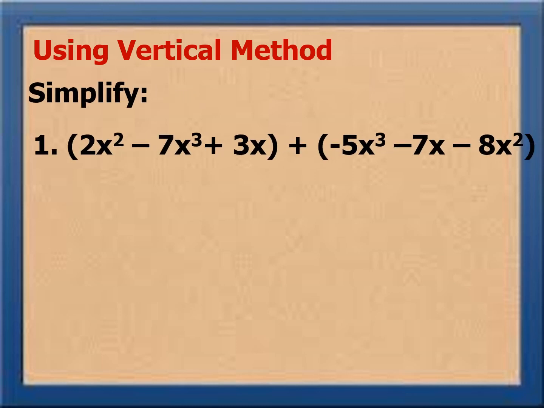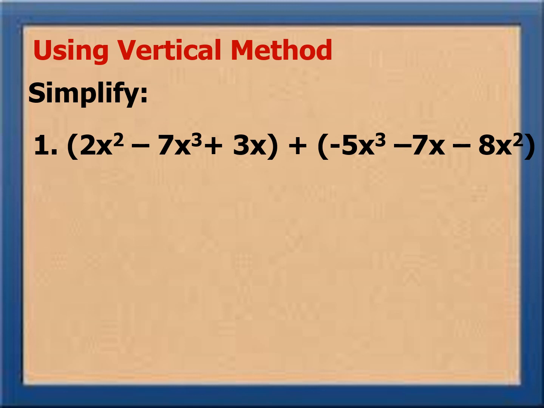We have 2x squared minus 7x cubed plus 3x plus the quantity of -5x cubed minus 7x minus 8x squared. In the vertical method, we align the terms with the same variable and the same exponents.